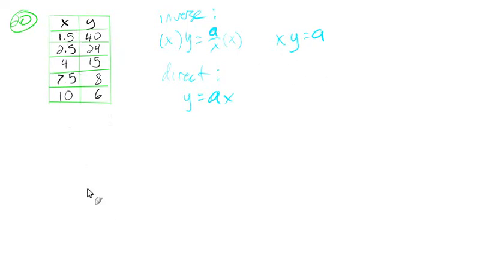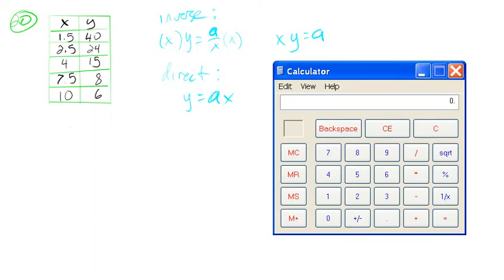Okay, let's see if that happens here. I'm going to grab a calculator, and we'll test whether the x times the y will always give us the same a every single time. If these two were related by an inverse variation, then we'll get some value a when we multiply them together. So 40 times 1.5 is 60.